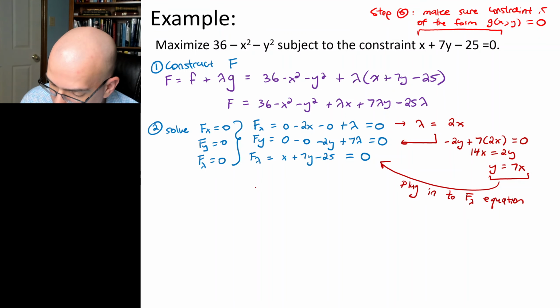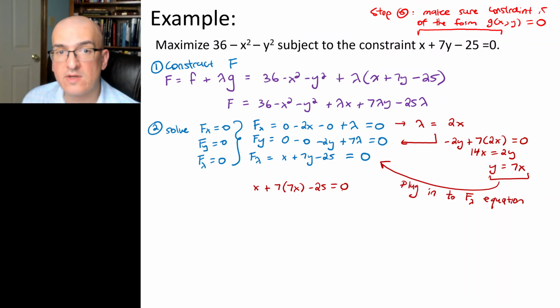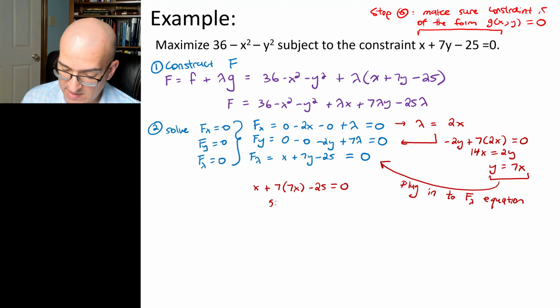When we do that, we'll get x plus 7 times 7x minus 25 equals 0. We can simplify and collect like terms. We have 1 times x plus 49 times x. That's 50 times x equals 25. So x is equal to 1/2.